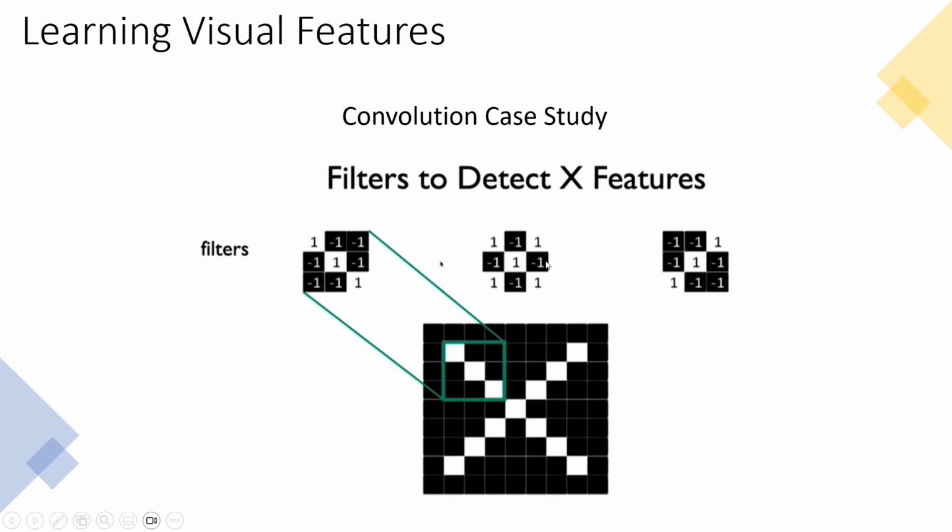Once you learn these features in the training phase, during the prediction phase, you can just use these filters in order to find low level, mid level, and high level features on the image. Okay, that's basically the whole idea behind convolutional neural networks. Try to learn the filters that are relevant to your problem.